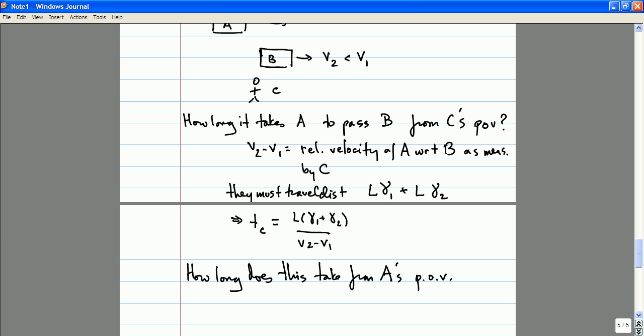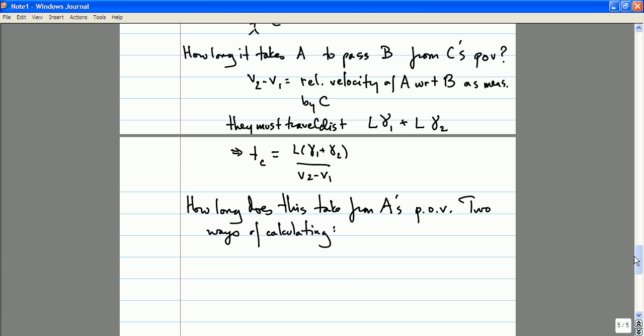But what I want to point out is that there are really two ways of doing the calculation, and depending on how you choose to do it, you might use different effects in special relativity to get the answer.